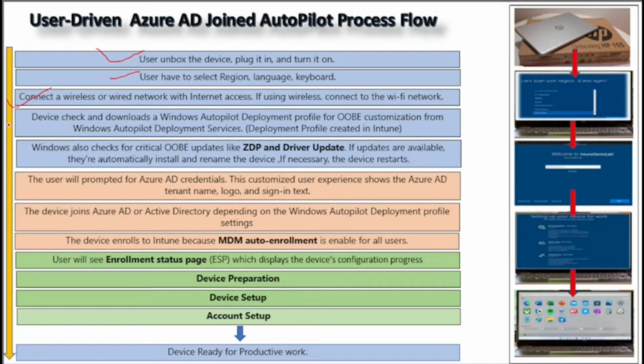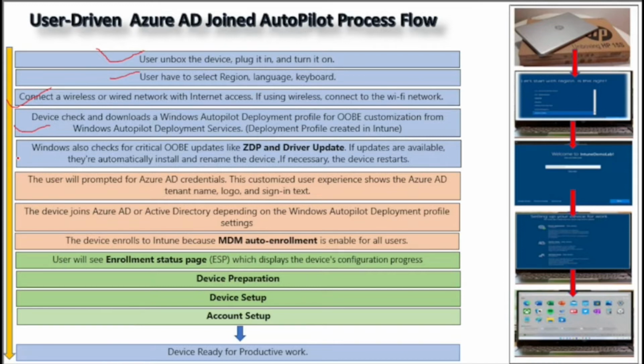After that, the device checks and downloads a Windows Autopilot deployment profile for out of box experience customization from the Windows Autopilot deployment services. This is the same profile which we already created in Intune and deployed on that object ID created in Azure.